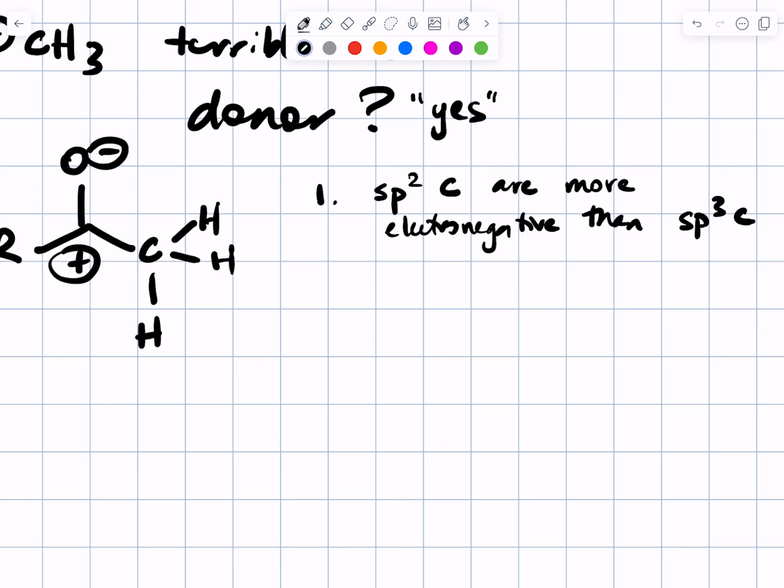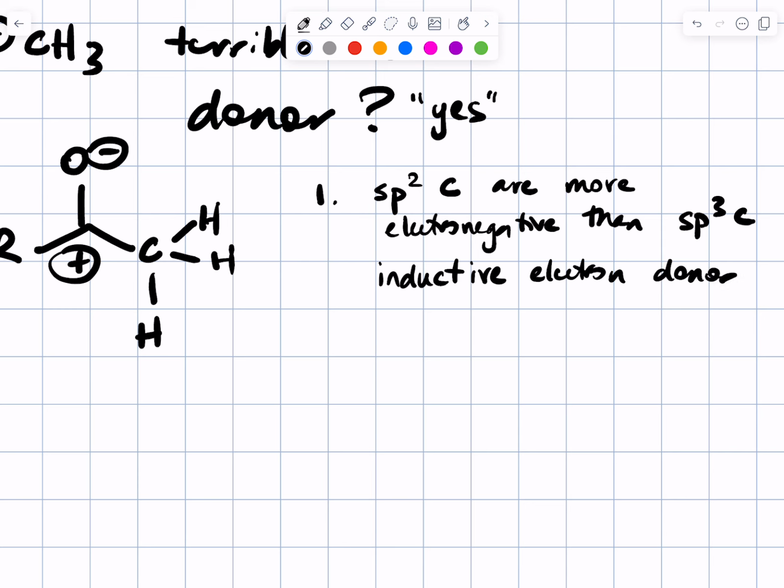The more s character an atom has, the more its electrons penetrate to the nucleus, the lower in energy they are because they're held closer to the nucleus. That's an argument you probably learned in general chemistry and 351. So you would expect an alkyl group to be an inductive electron donor.